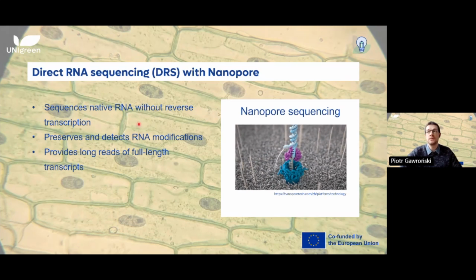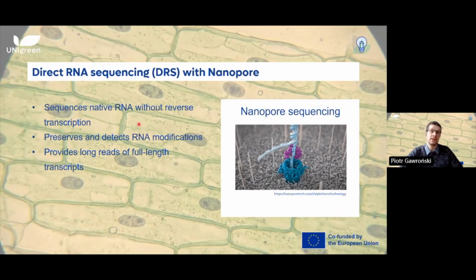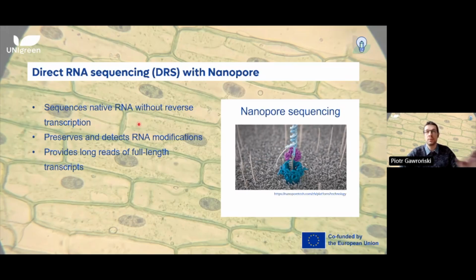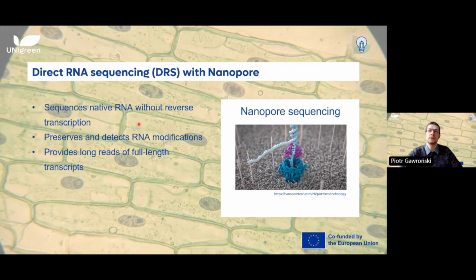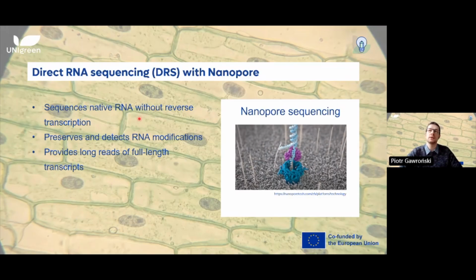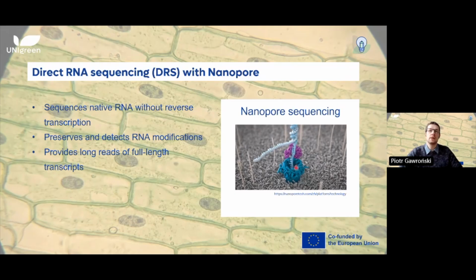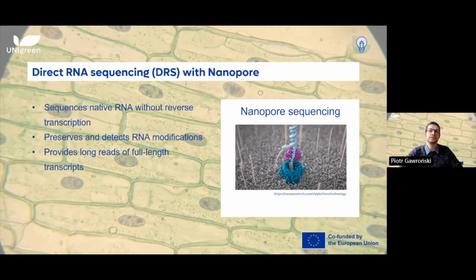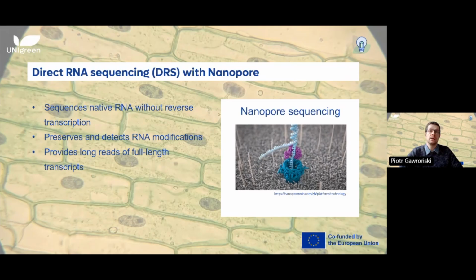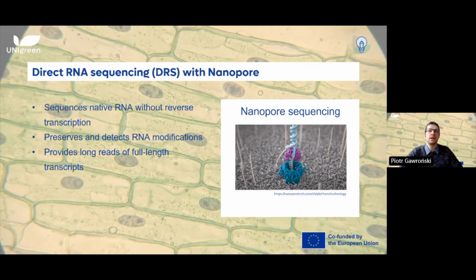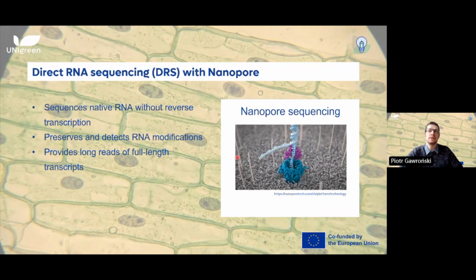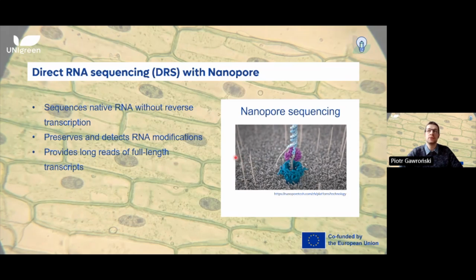However, cDNA synthesis is usually implemented during the preparation of the library for the sequencing, but only the RNA molecule is sequenced from this hybrid cDNA-RNA molecule. As a result, it preserves the RNA modifications and provides long reads of the full-length transcripts.